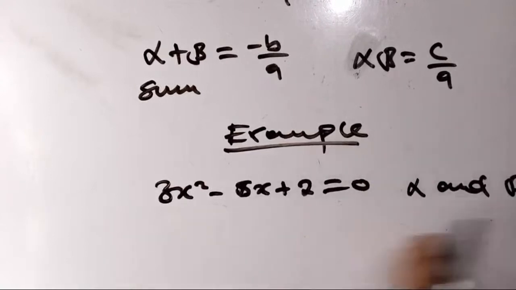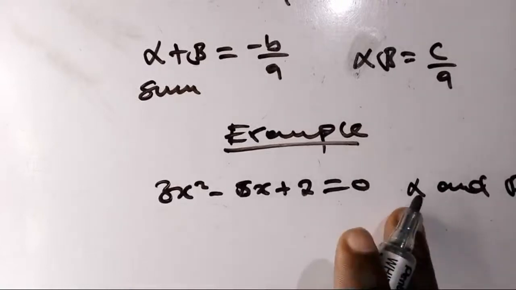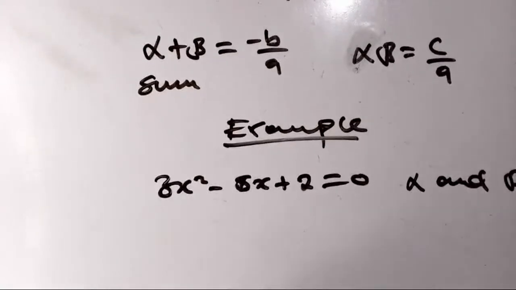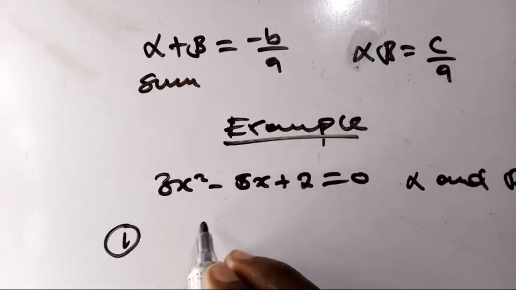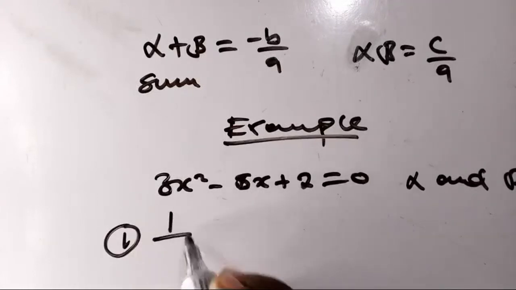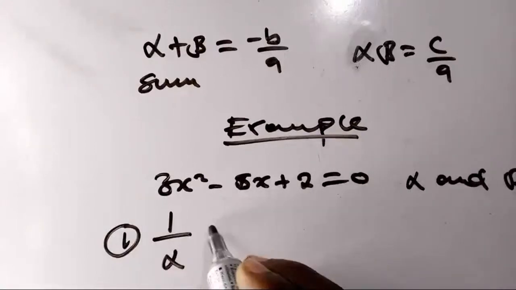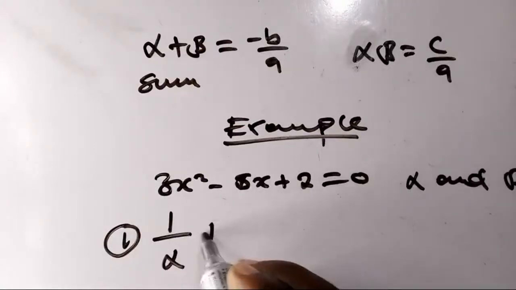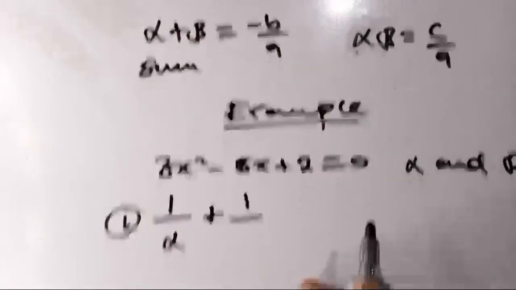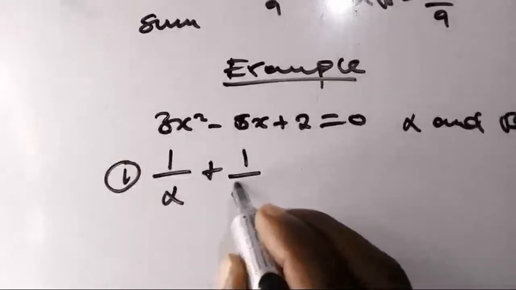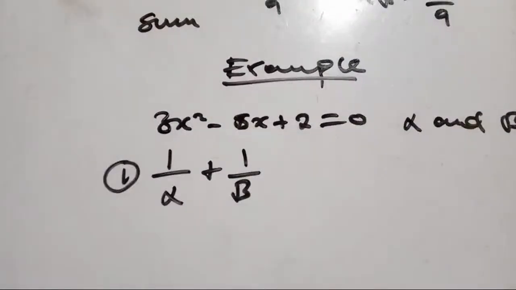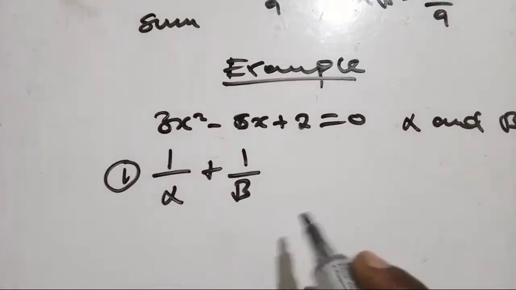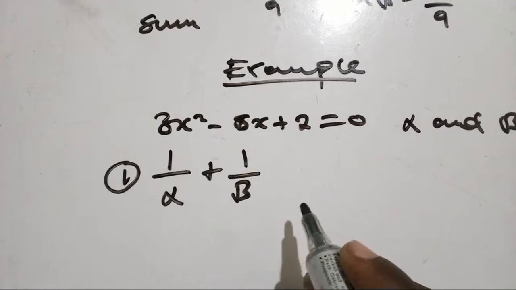So we are told to find the value of alpha and beta. So let's take, for instance, if you have this question here, you may be given 1 over alpha plus 1 over beta.